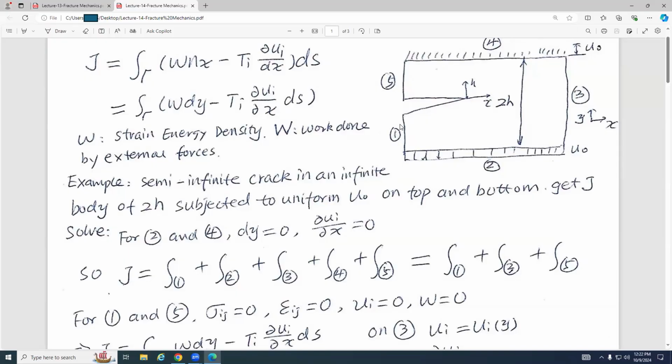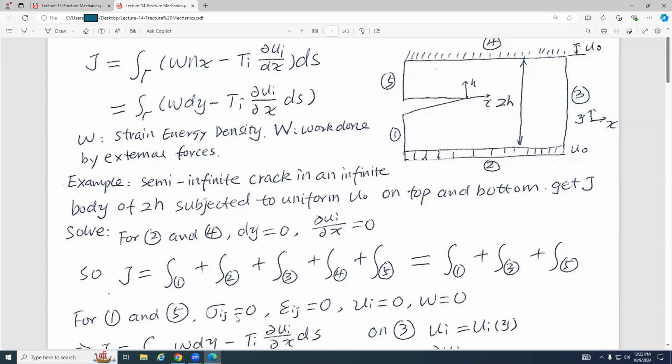On the first and fifth segments, this is the fixed edge, so ui equals 0. Do you agree? It does not move in the x direction, does not move in the y direction for any given point. So sigma ij equals 0. There is no traction. If sigma ij is non-zero, that means there is traction, which is contradictory to the condition.